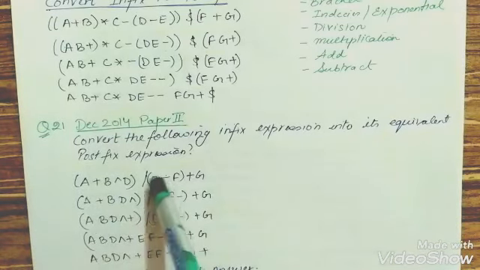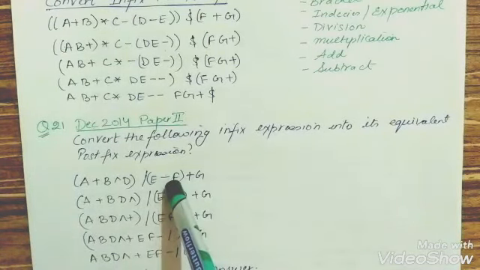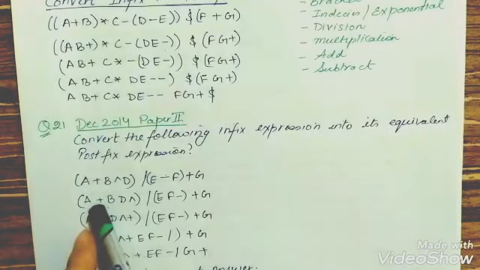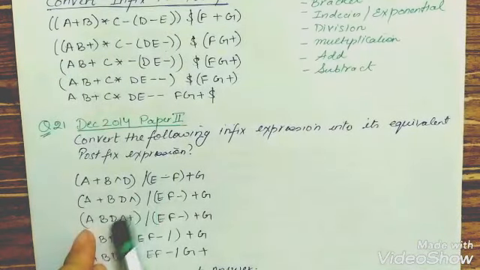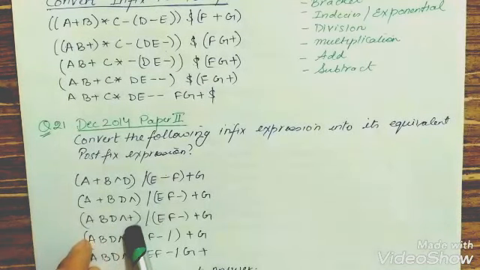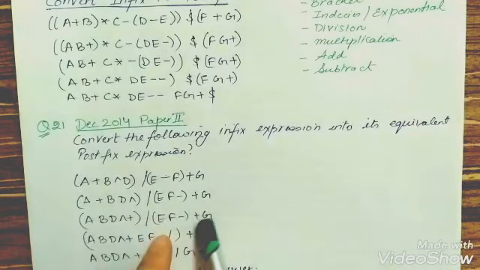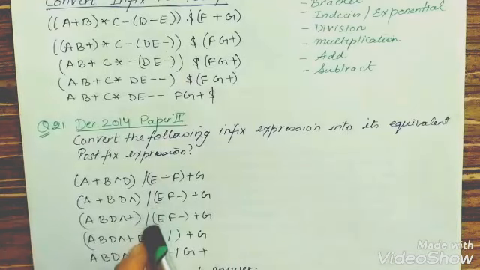Then by solving this portion we get ef minus and plus g, right? And after that, we are left with this plus sign inside the bracket, so even this needs to be moved to the end. So we get a b d exponential and this plus, and we keep the bracket as it is. Fine. And over here, we have ef minus bracket plus g, and in between we have this division sign.